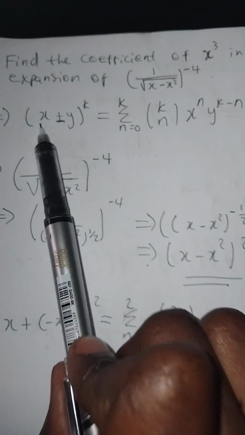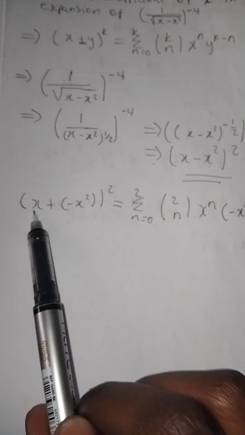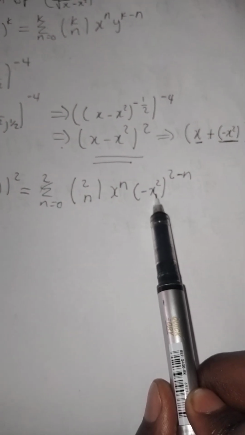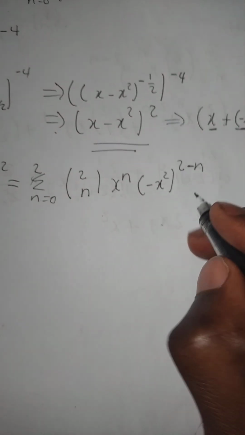According to this formula, the first term was x, we plug it there. The second term was y, and instead of y we plug in minus x squared. If you still don't understand what I meant, feel free to rewind the video.